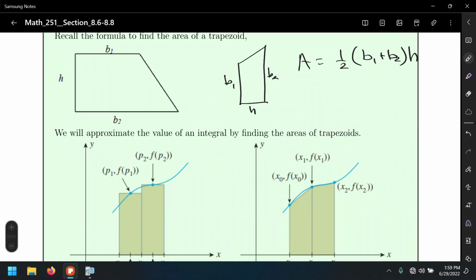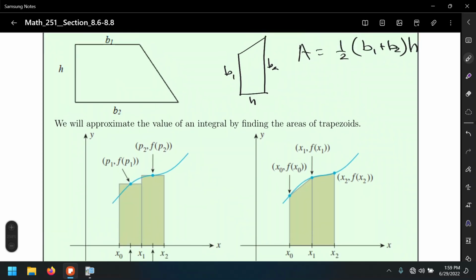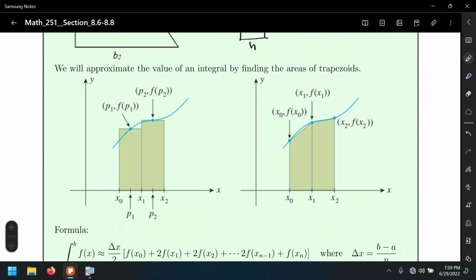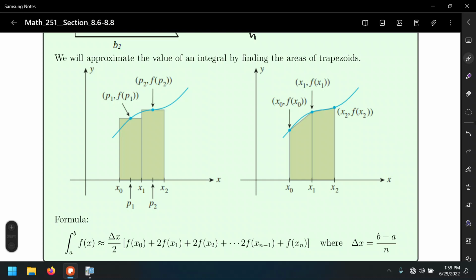And well, the picture below is going to give us an idea of how the trapezoid rule is going to give us a much better approximation of the area as opposed to finding areas using rectangles. So here, look at all these little gaps that are left by these rectangles.